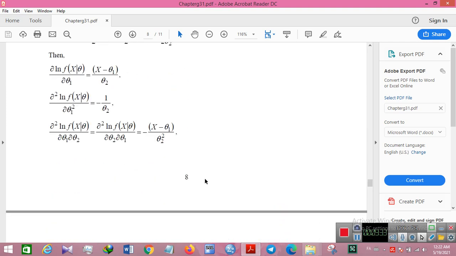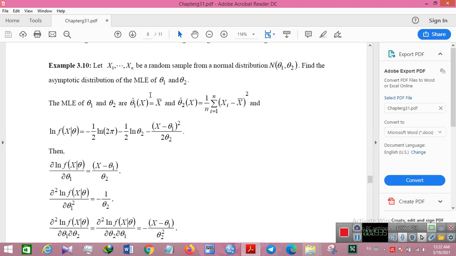If you look at x bar, it actually has a normal distribution with mean theta 1 and variance theta 2 square over n, but the second one actually has the chi-square distribution with n degrees of freedom.